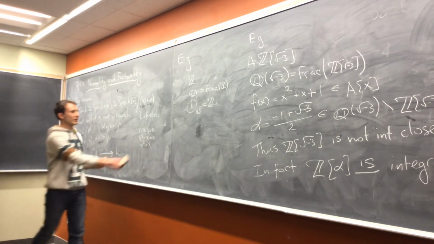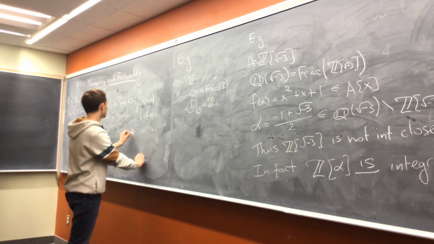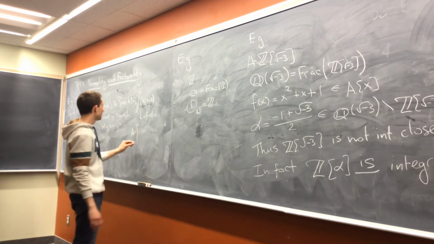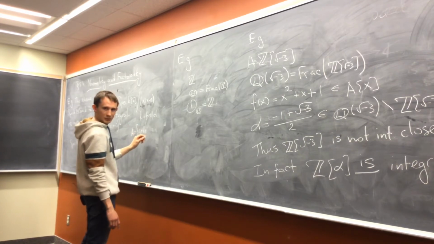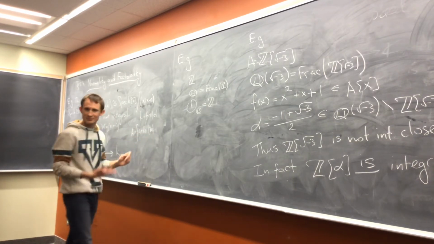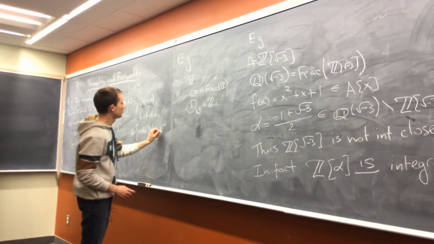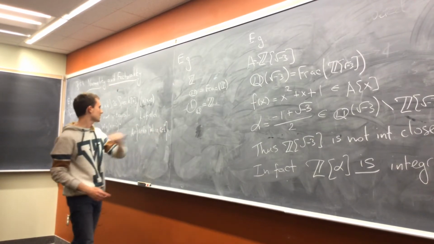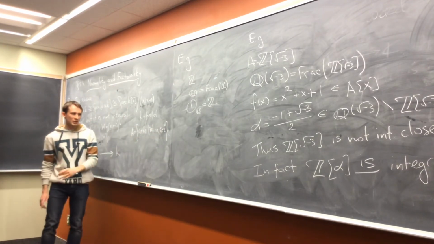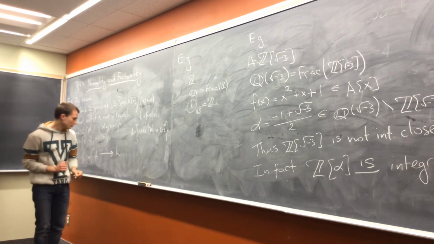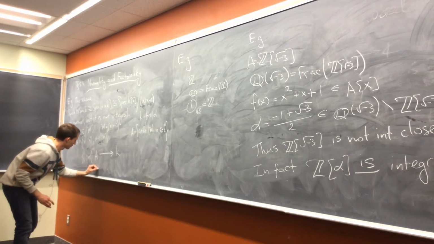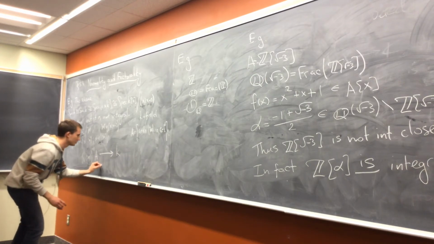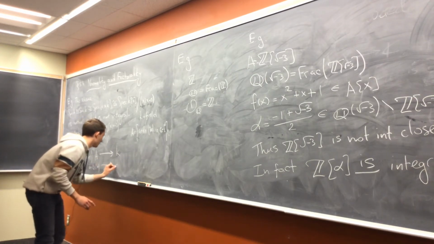So all the elements of A look like a plus bx mod M, for a, b inside K. So these are the elements of A. And what I'm going to do is take this element, a plus bx mod M, and evaluate it at x equals 1.